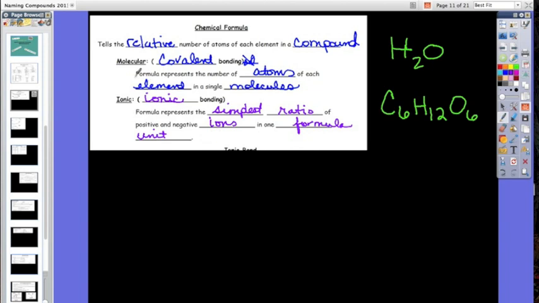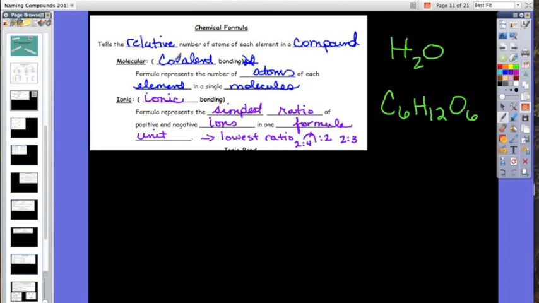Now, the difference between these two, this has to be in the lowest ratio. So this would have to be like a 1:2 or a 2:3. For ionic, you could not have a ratio that was, say, 2:4, because that would reduce down to this.